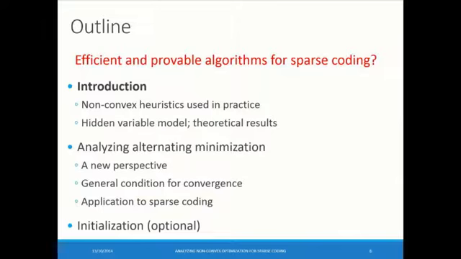Our aim is to theoretically understand this type of problems and the heuristics that are used for them. We want not only efficient algorithms, but also provable algorithms, basically algorithms with provable guarantees for this problem.